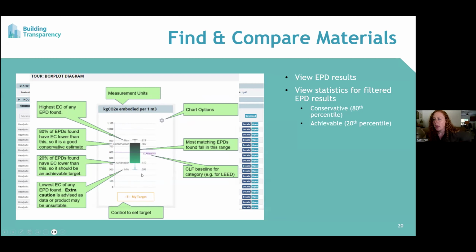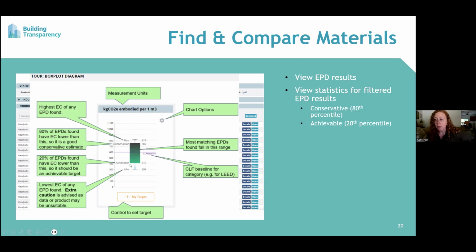So the way I interpret this is, based on my search, the maximum GWP, or the highest GWP, is 819 kilograms of carbon dioxide equivalent per cubic meter. That is the highest embodied carbon of any EPD found based on my search terms. The lowest, or the minimum, here is 296.